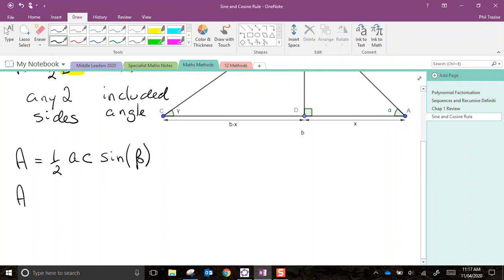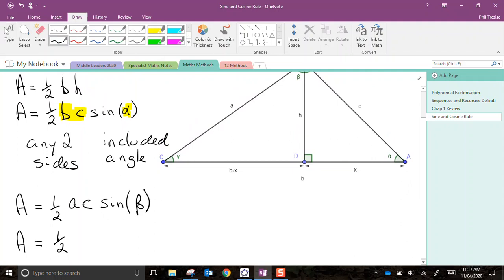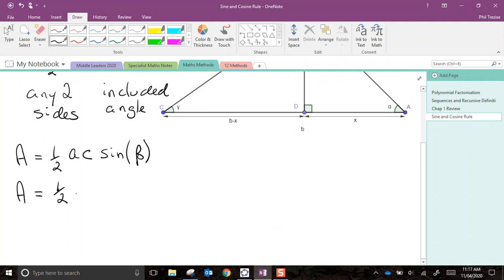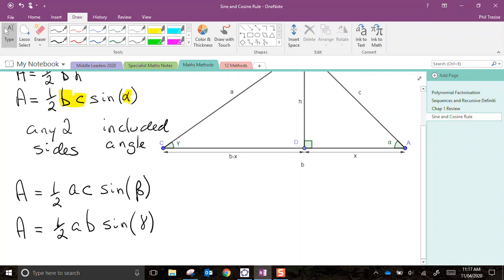Likewise, I could have chosen to do the others. Which ones haven't I picked yet? I've got b, c, a, c, so I could have had a and b as the sides, and the included angle there is gamma. We have three different but equally good expressions for the area of the triangle.